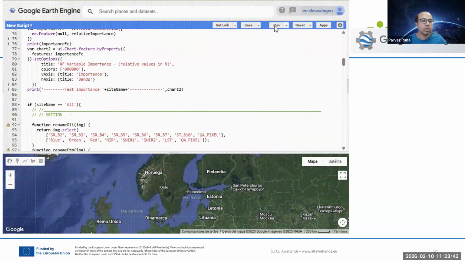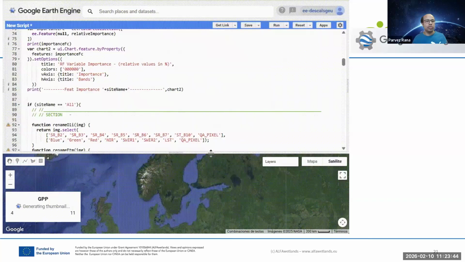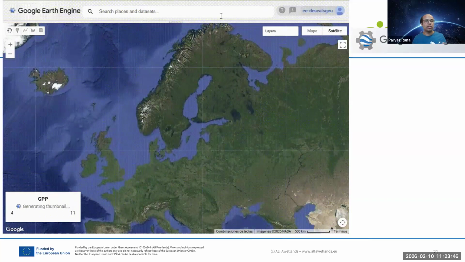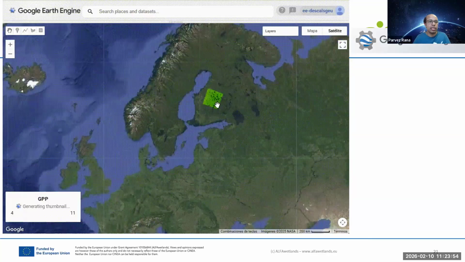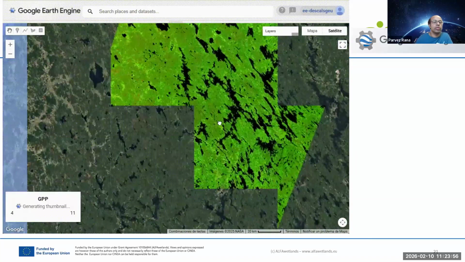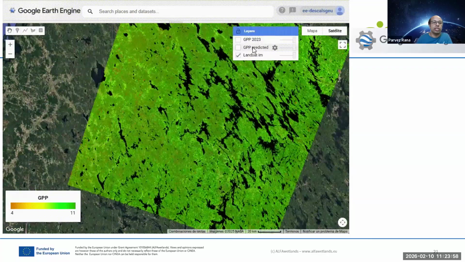So the main idea is that once this is done, it is automated, so you get the output from all the living labs. When you build the model for one site, you can upscale it for a larger area also. So this is the benefit of Google Earth Engine. Next slide.